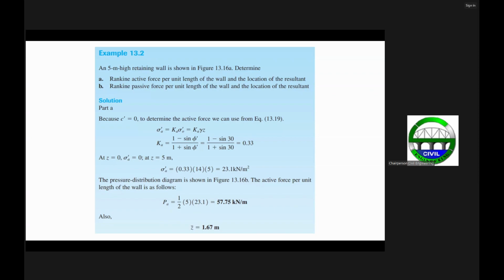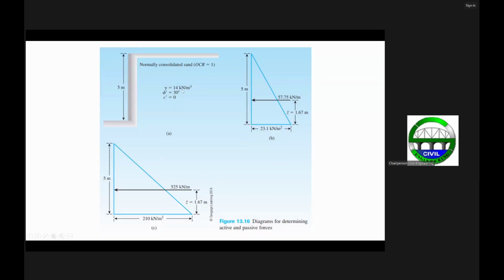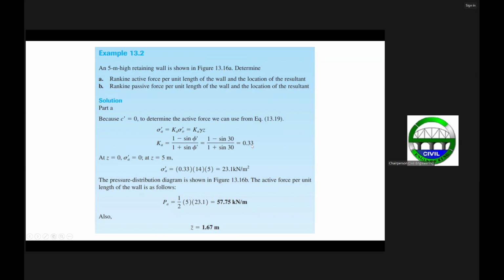And k sub a is equal to 1 minus sine phi prime over 1 plus sine phi prime. If you substitute the given friction angle of 30 degrees, that gives us 0.33.